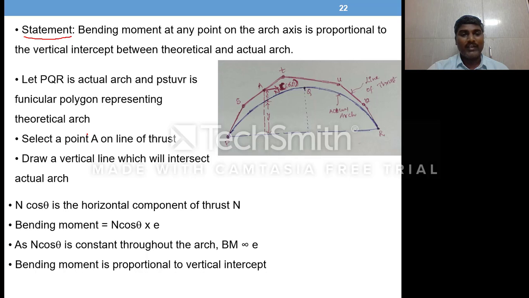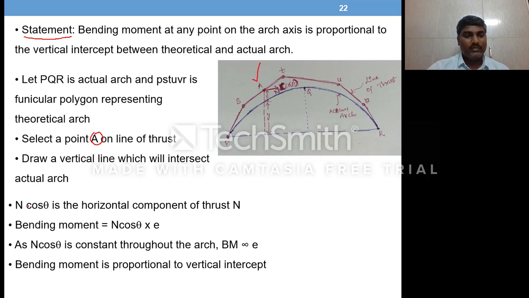Select a point A on the line of thrust. Draw a vertical line which will intersect the actual arch. So this is the vertical line drawn, which is intersecting the actual arch here.